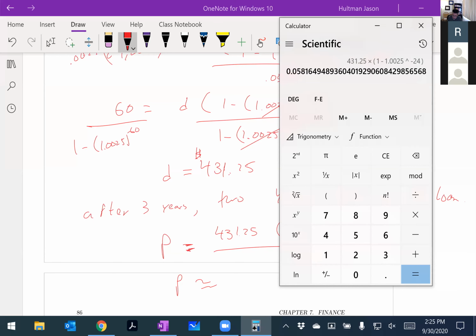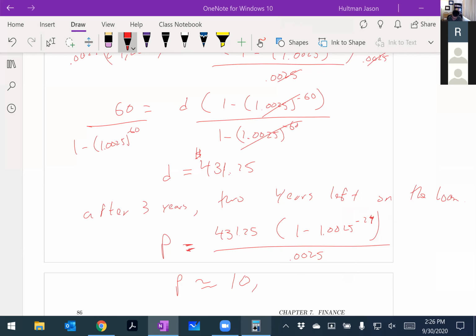I'll close my parentheses, and then I'm going to divide by 0.0025. And it comes out to about $10,033.45. So after 3 years, I still owe $10,033.